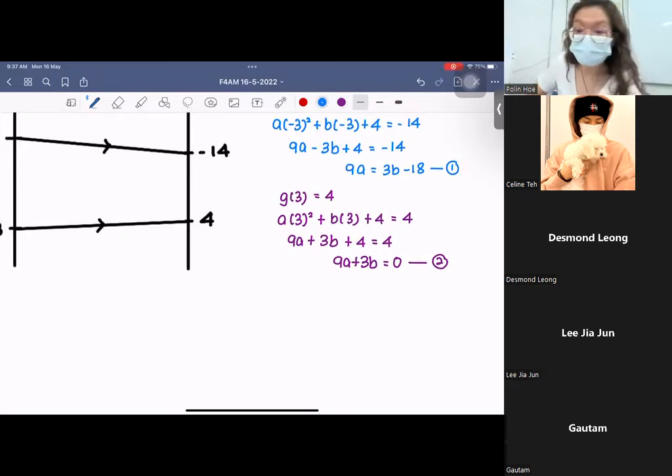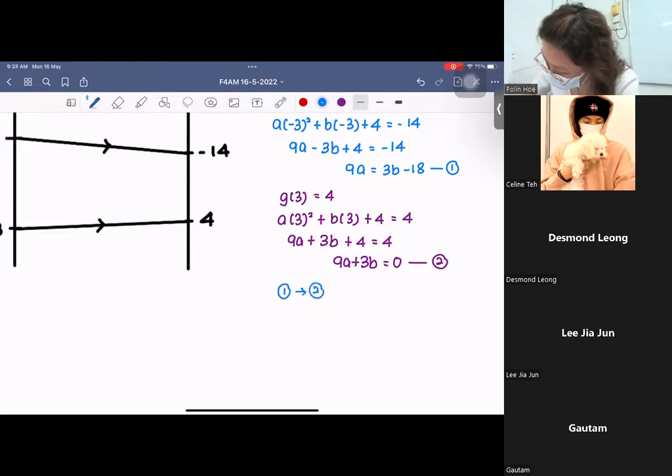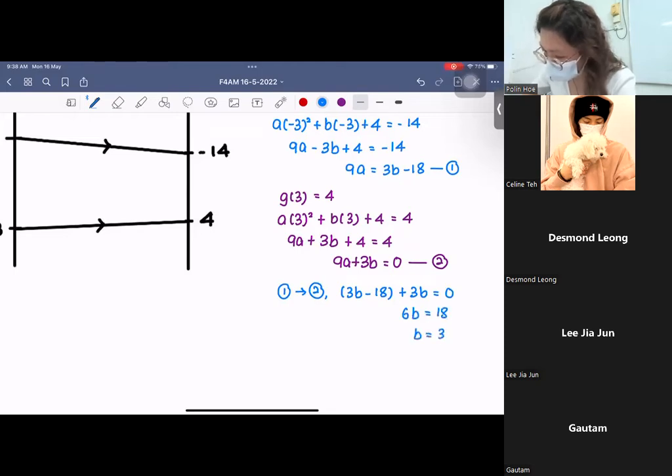A equals -1, b equals 3. Yes, that's true, Andrea. Substitute equation 1 into equation 2: 3b minus 18 plus 3b equals 0. 6b equals 18. b equals 3.